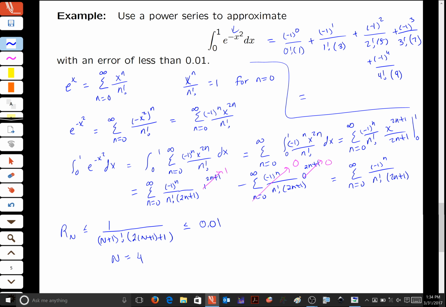oh, I didn't add them together, I just wrote them down. 3 gives you 0.02381. That's bigger than 0.01. That's what you get with 2. Did you plug in n plus 1 when you did it, or n when you did it?